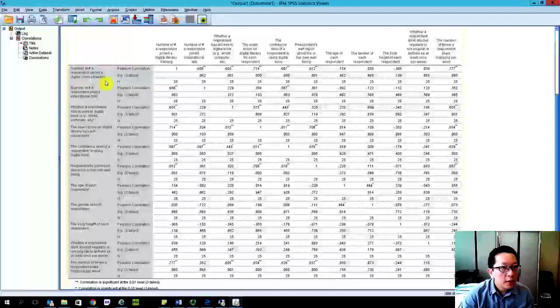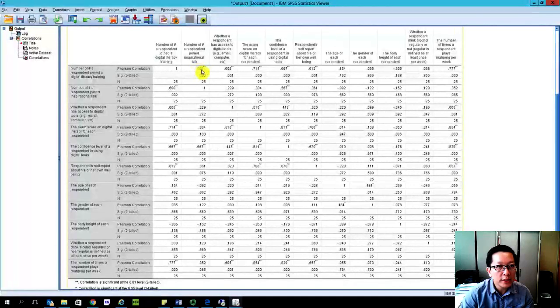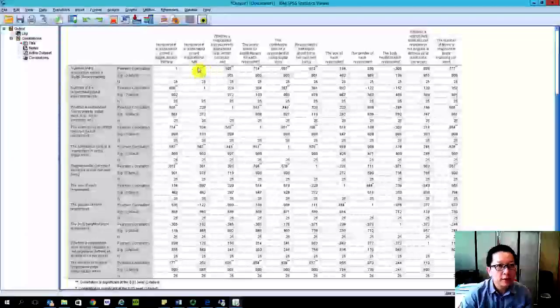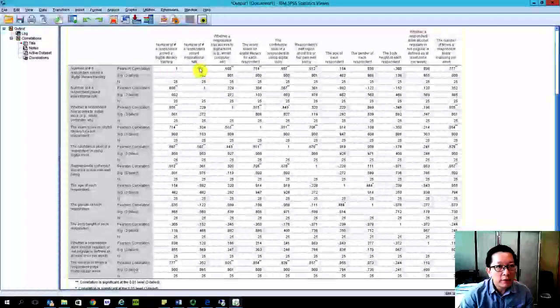Of course, here it shows the number of times a respondent joined the digital training has a correlation of 0.6 and is very significant. It's significantly related with whether you have joined the inspirational talk.